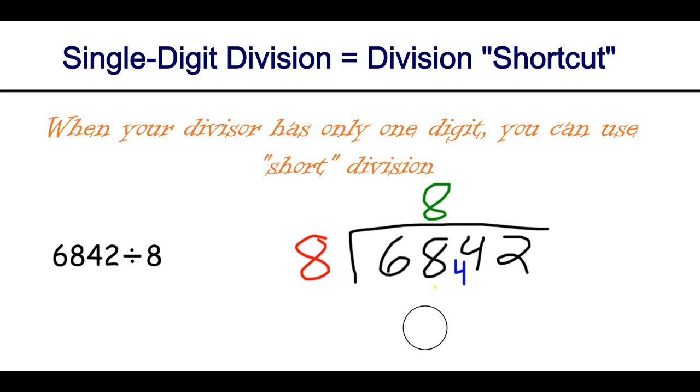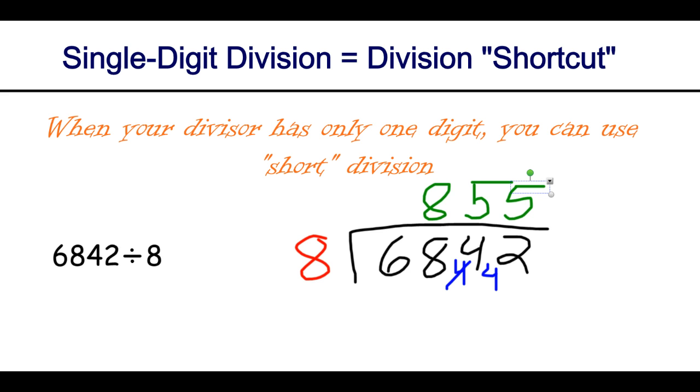And now we know that our next number that we have to worry about 8 dividing into is 44. Well, we know that 8 goes into 44 5 times. And 44 minus 40 is 4. So now our next one is 42. Again, 8 goes into 42 5 times.